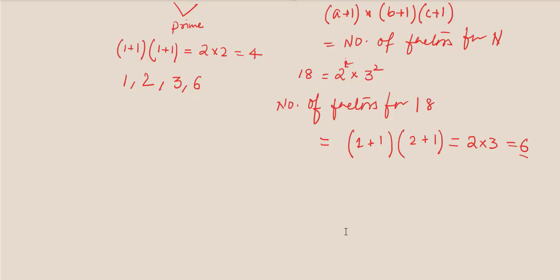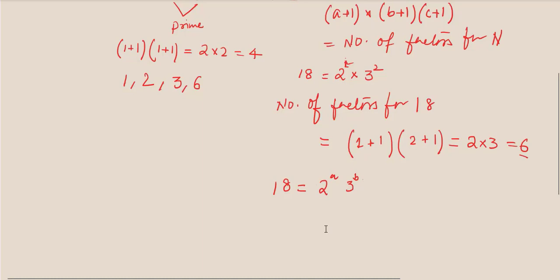So let me write down 18 as 2 to the power A and 3 to the power B. And from here we will see how to find out the factors of 18, and it's quite easy.